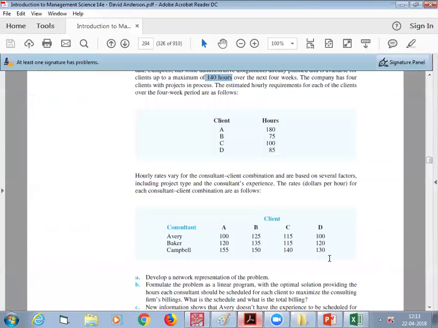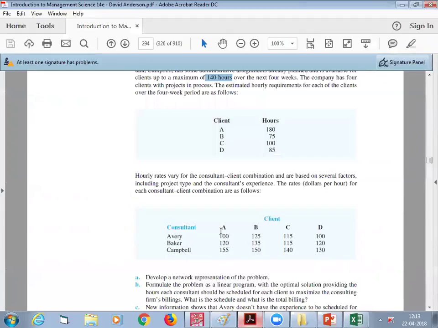100. Now, when we have a maximization problem, one simple way to convert it into a minimization problem is to take the largest profit and subtract everything else, so that it becomes like opportunity cost. Here the largest profit is 155.